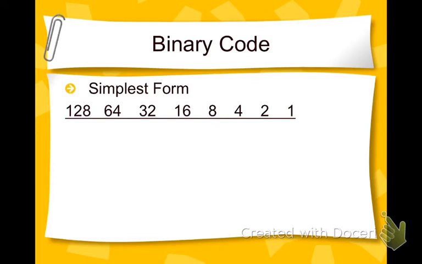And if you notice, there is a pattern. It doubles up. 1 times 2 is 2. 2 times 2 is 4. 4 times 2 is 8. 8 times 2 is 16. And so on. If you counted how many digits there are, we have 8 digits.